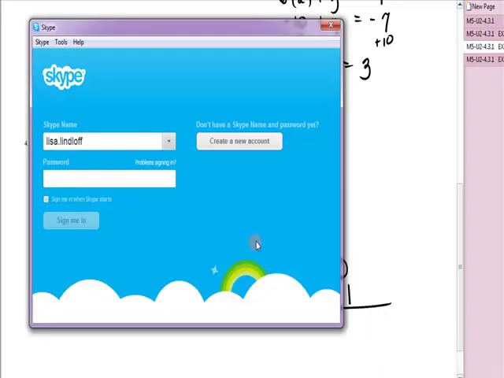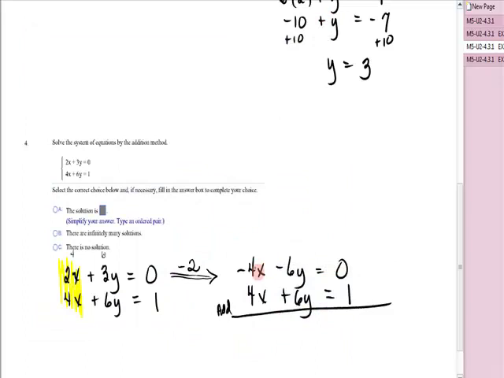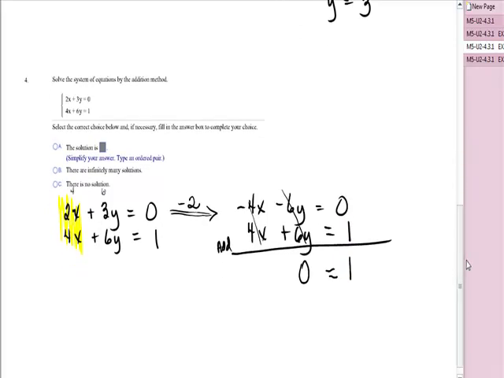Now, I was targeting the x's, but in this particular problem, not only did the x's cancel, but so did the y's, leaving me with 0 on the left-hand side. On the right-hand side, when I add, I get a 1. When the variables drop out, I hope by now you recognize that you are in some kind of special situation.